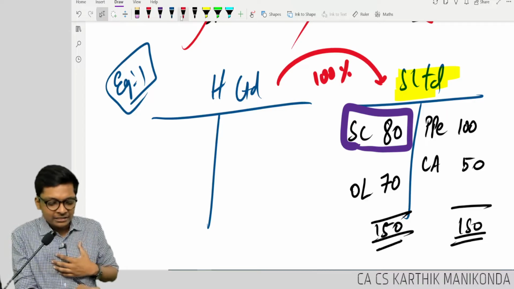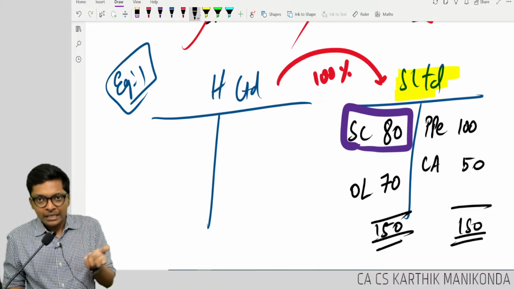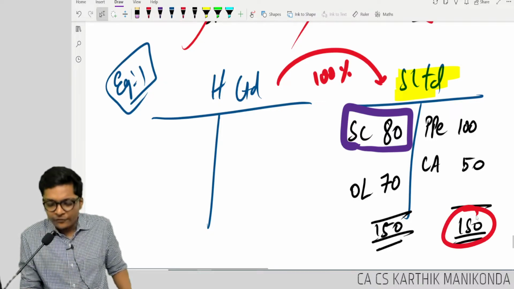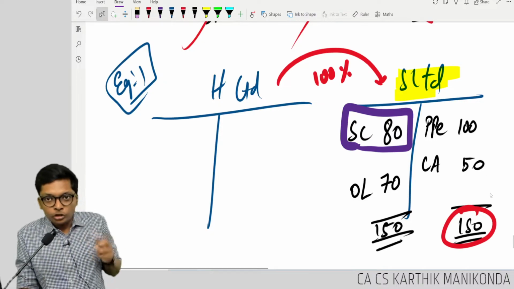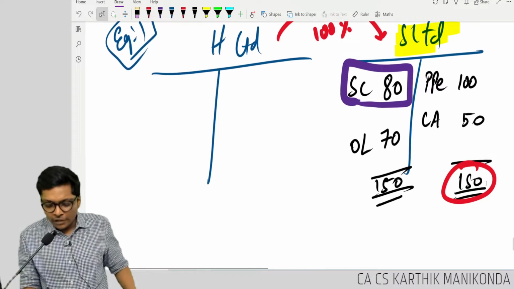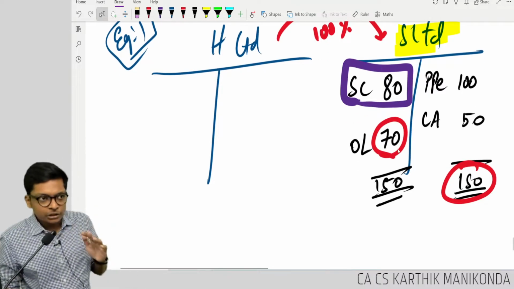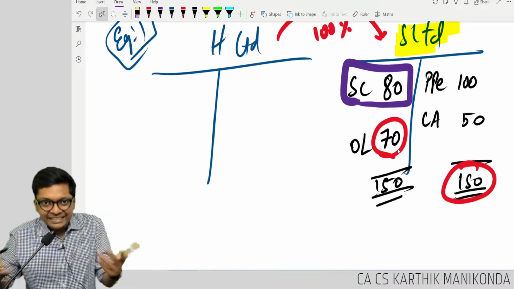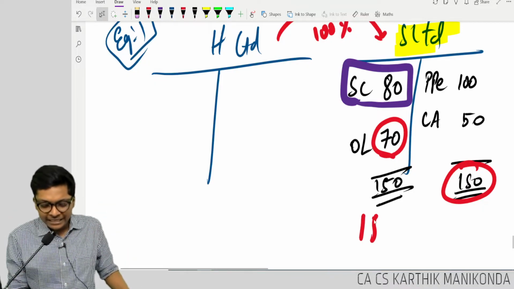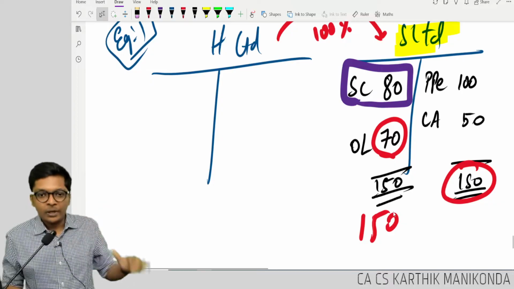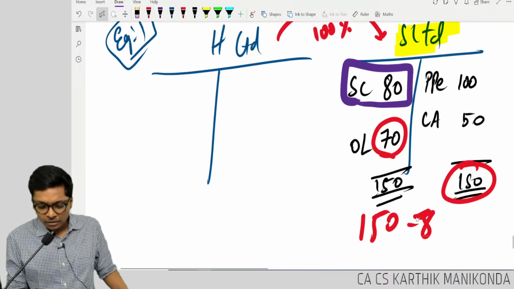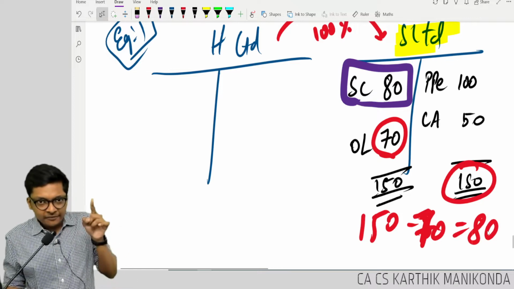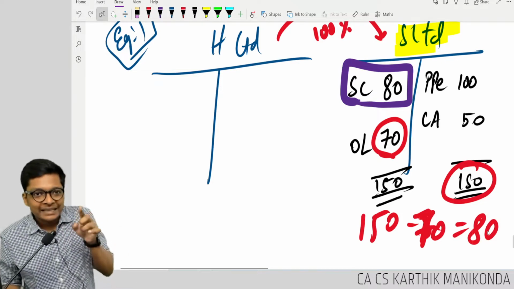Or in other words, Rahul is trying to tell, if I buy this company today, I will get assets of 150, but I will also get liabilities of 70, assuming book value is the fair value. If he sells the entire company after buying, he will realize 150, he has to pay 70, he will be left with 80. So something worth 80, you are paying 80.